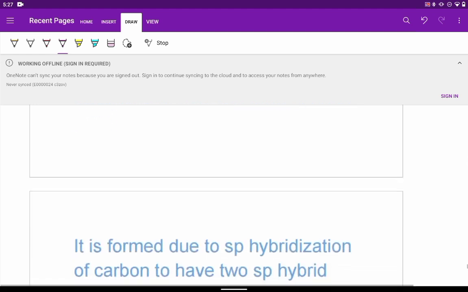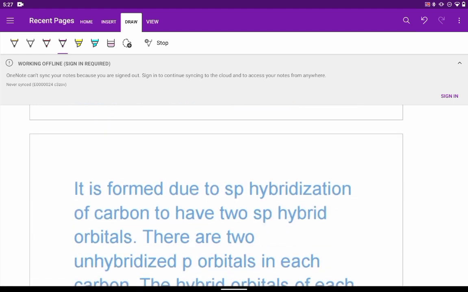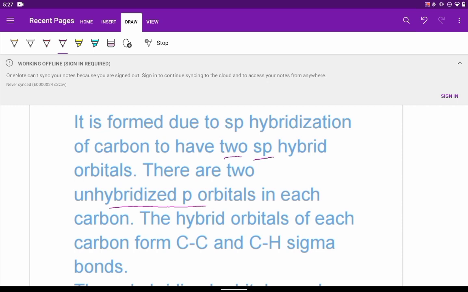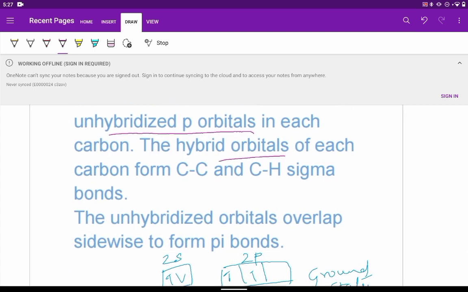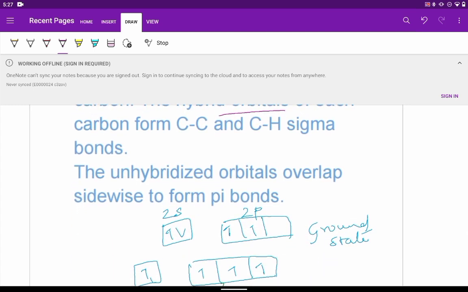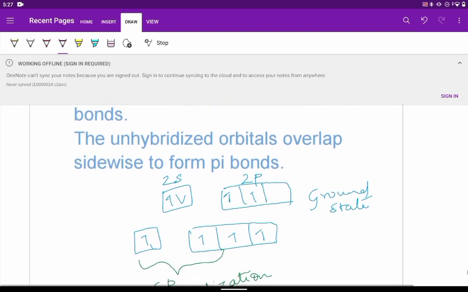In case of the acetylene molecule, there is sp hybridization of carbon. So one s orbital and one p orbital will hybridize to form two sp hybrid orbitals, and two unhybridized p orbitals will be left out for each carbon. The hybrid orbitals for each carbon will form a C-C bond, which is a sigma bond, and a C-H bond, which is also a sigma bond.